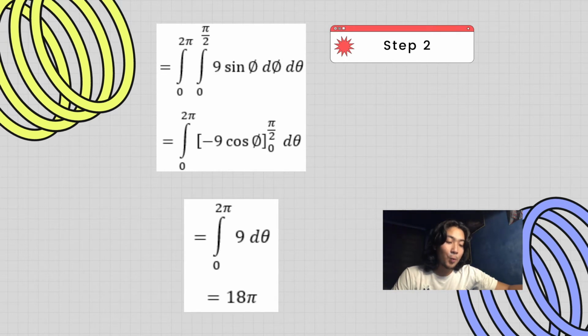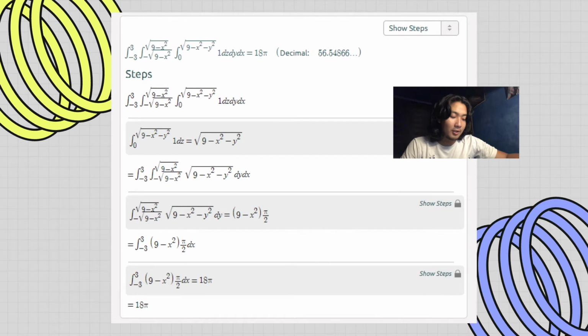And then lastly, we integrate 9 with respect to theta from 0 to 2 pi, and we get 18 pi. As you can see, we can check the answer by using Symbolab, and we get the same answer as we calculated.